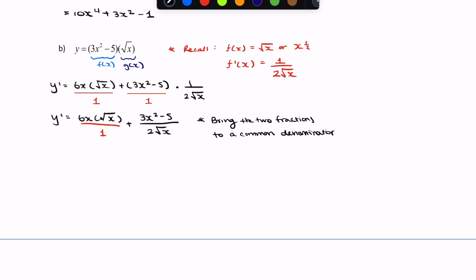So what we'll do here, we see that common denominator is going to be 2 square root x. So in the first term, we're going to multiply everything by 2 square root x. So we'll multiply this by 2 square root x, and we'll multiply the bottom by 2 square root x.